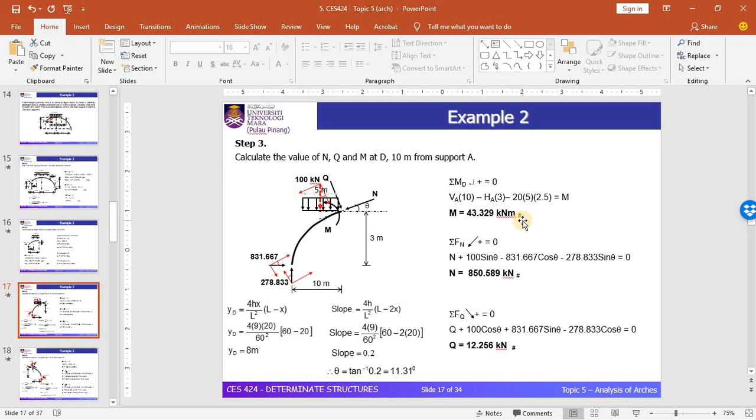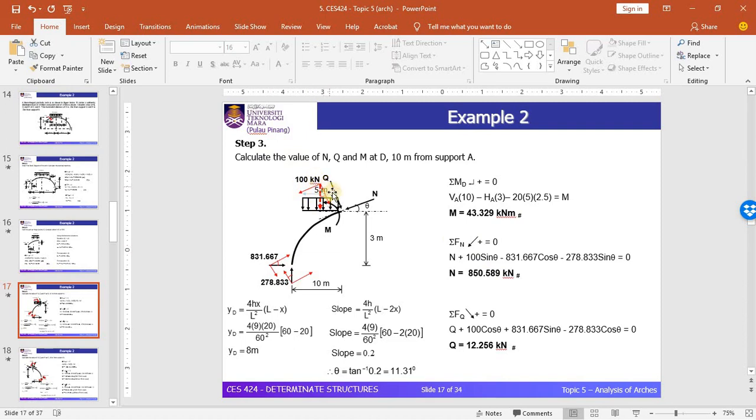You can proceed to the axial force. Here we consider this the positive direction. In this direction we have N, positive, and we have 100 sine theta, which comes from the UDL. We have converted this UDL into an equivalent point load, so the component is 100 sine theta.